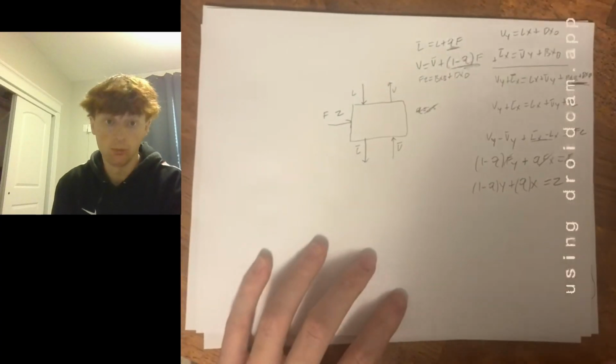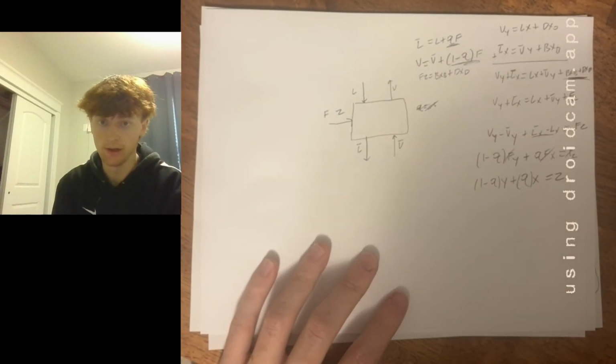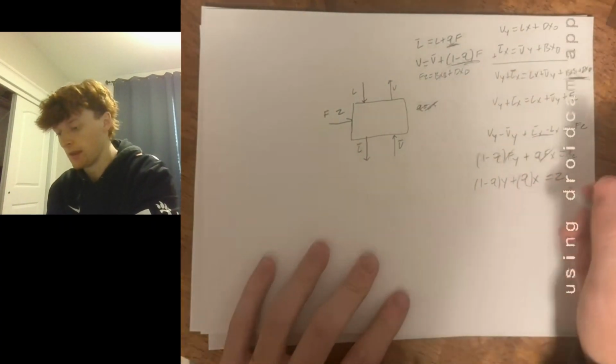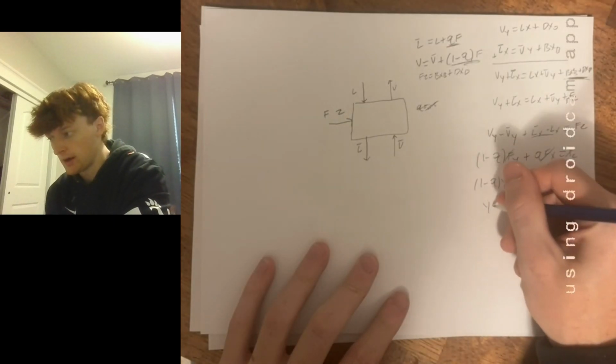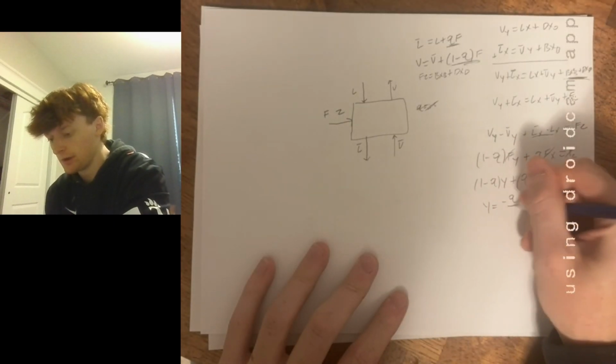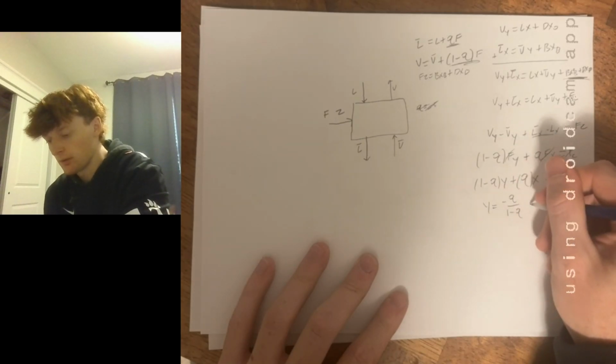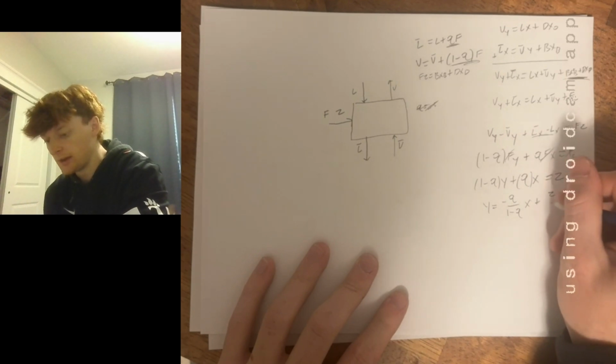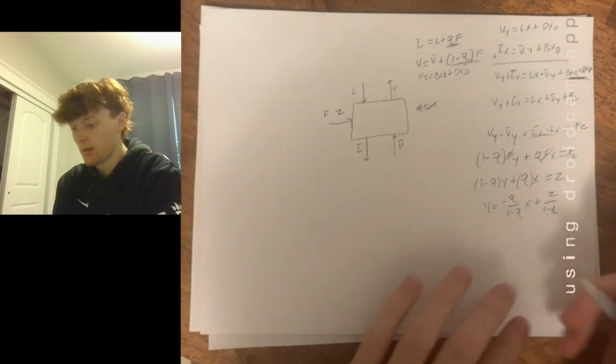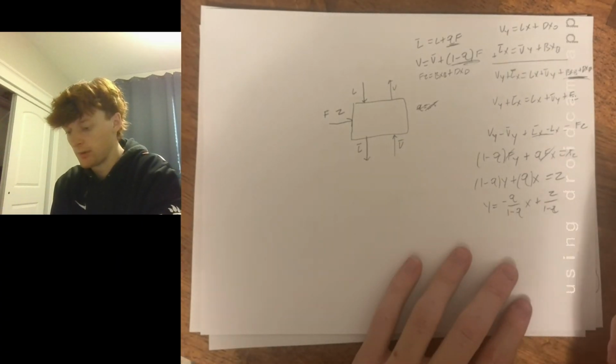And so we're going to do what we did for the rest of them, which is isolate our y. So we'll have y equals negative q over 1 minus q times x, plus z over 1 minus q right there.